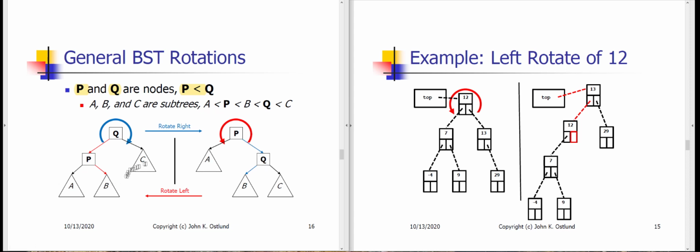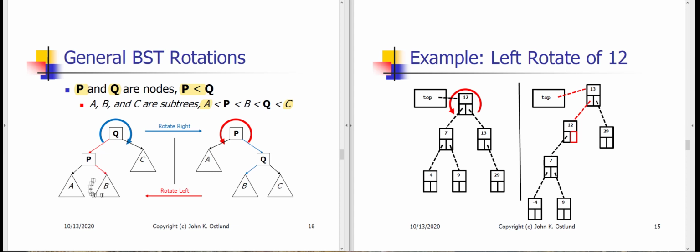Now, as far as the subtrees A, B, and C are concerned, since A is to the left of P, every value in the A subtree has to be less than P. Since C is to the right of Q, every value in C has to be greater than Q. And B is the stuff that's in between.